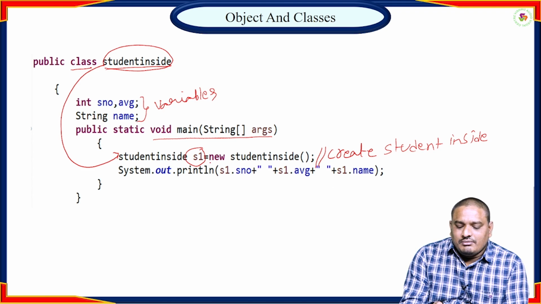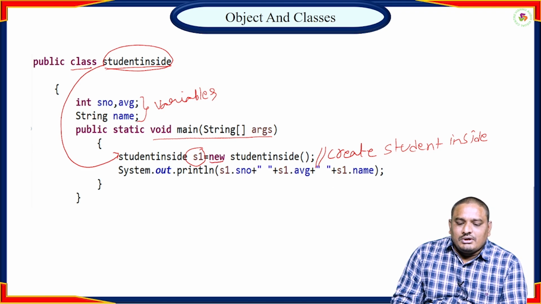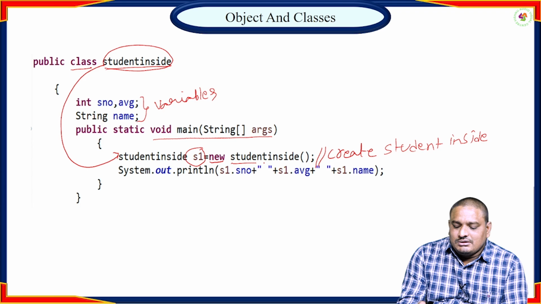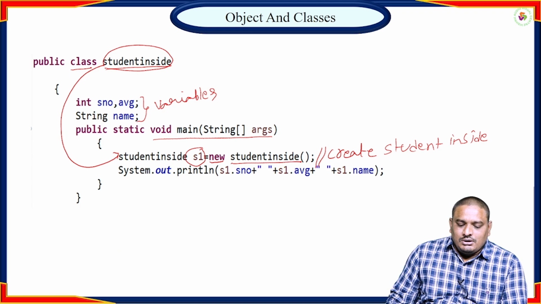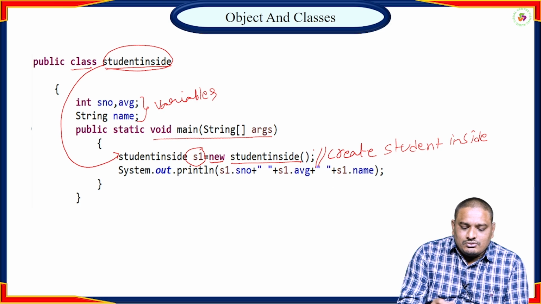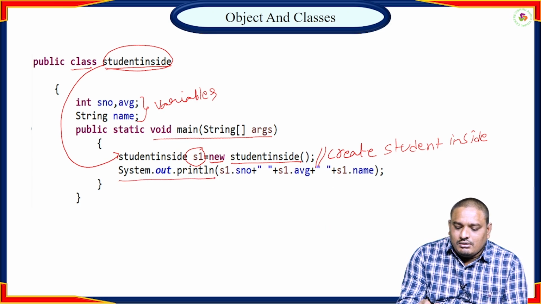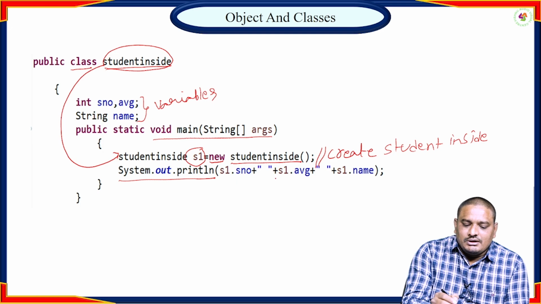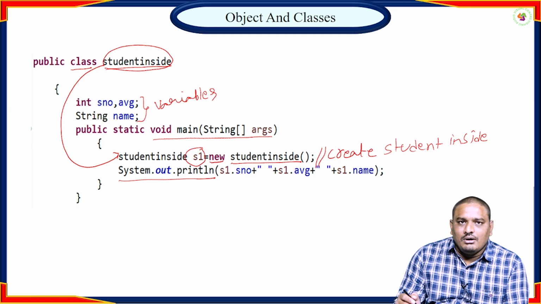We are using the new keyword, and we have to mention the StudentInside constructor. This message will be displayed in the terminal. We are using System.out.println. Whatever variables are declared in the class, those variable values will be printed on the terminal.